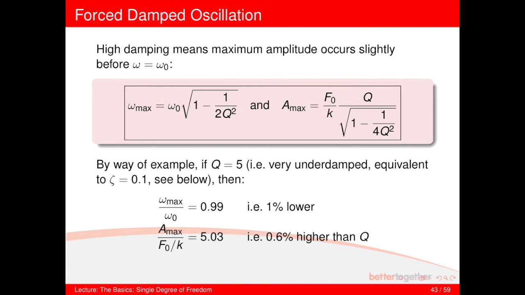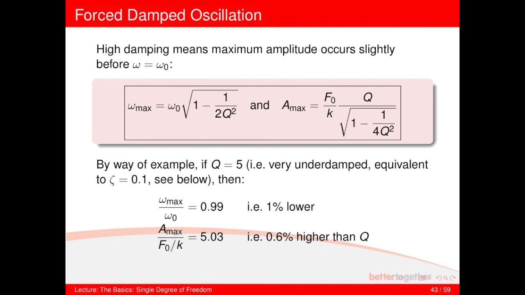Q is omega naught upon gamma, the quality of oscillation. So you've got an equation there that's dependent upon the natural frequency of the system and the damping that's in there. If damping is very low, then Q is big, and you end up with the square root of 1, because 1 over something that's huge is 0. So you end up with the peak being at the natural frequency.